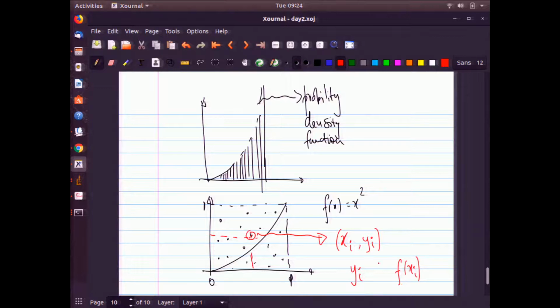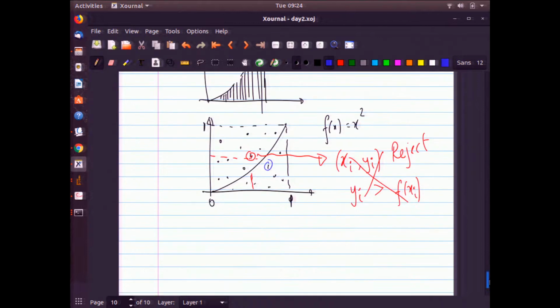If yi is, in this case, greater than f of xi, then I reject this sample. That's not a sample that satisfies my condition. I just throw it away. If I then look at a sample like that, and I look at xj, yj, and I see that yj satisfies this, then I keep the sample.